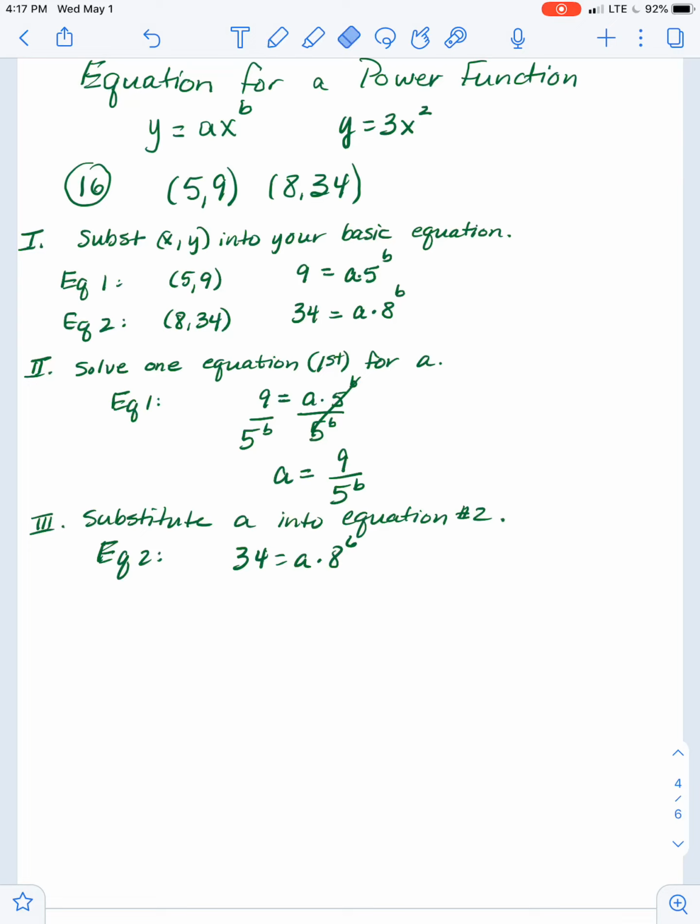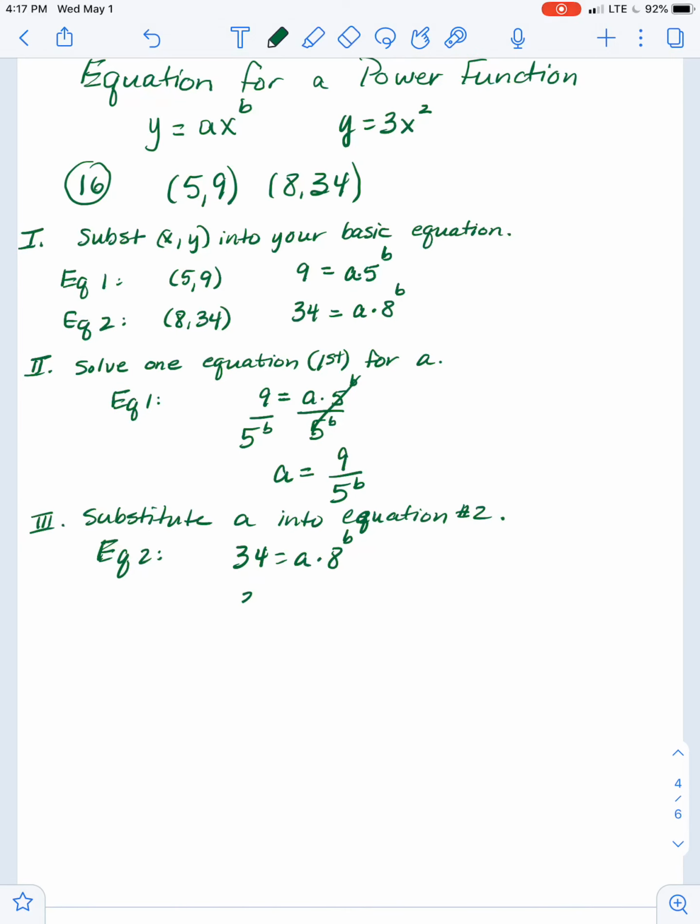I was talking and not thinking, I can't read my own writing. So 34 equals 8 to the b power times a, and we're going to substitute in a. So 34 equals 9 over 5 to the b times 8 to the b.